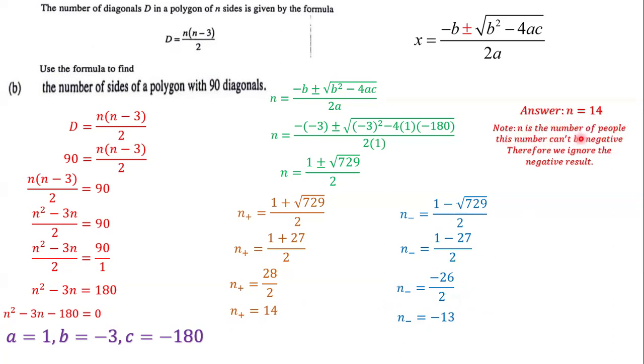This cannot be negative, therefore we ignore the negative result. Not number of people, I'm sorry. n is equal to the number of sides of the polygon.